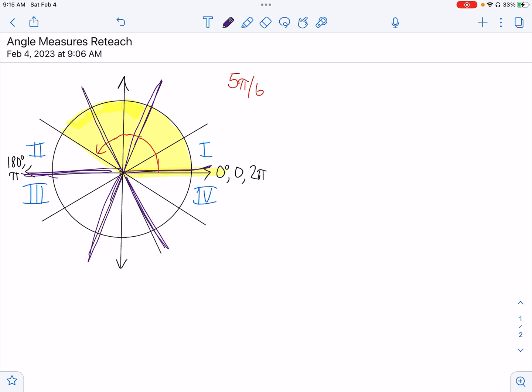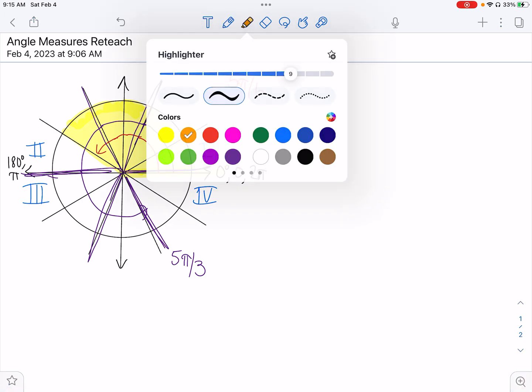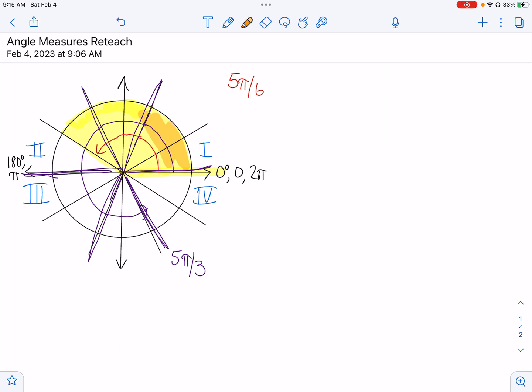So to find 5 pi over 3 radians, you would say this is 1 pi over 3, 2 pi over 3, 3 pi over 3, aka pi, 4 pi over 3, 5 pi over 3 radians. So then that angle, I'm going to get a new color now, would be all of the first angle, but it would keep on going. So the terminal side of that angle would lie in the fourth quadrant.